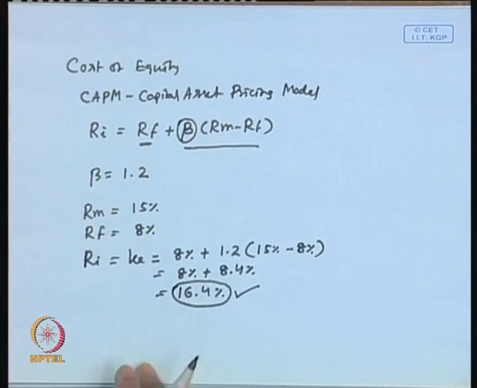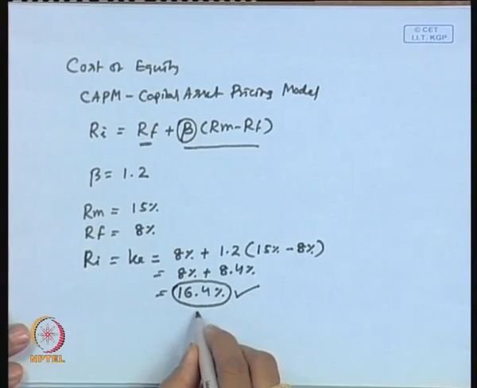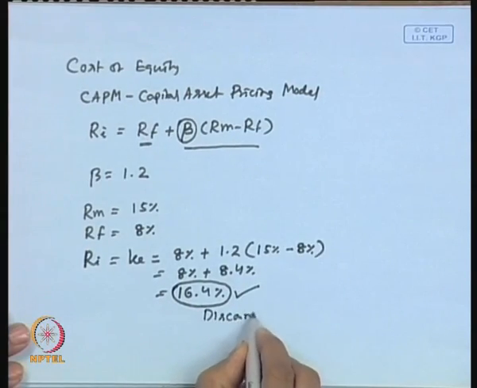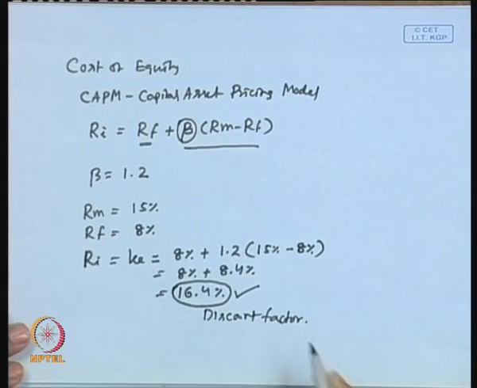So, if you are finding out the valuation of equity with a free cash flow to equity approach, then the 16.4% is going to be the relevant discounting factor.